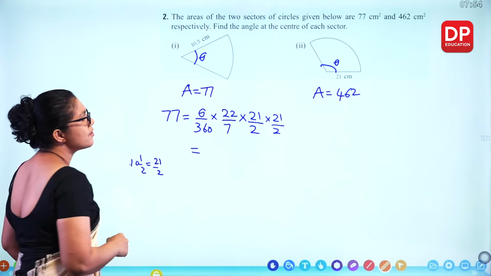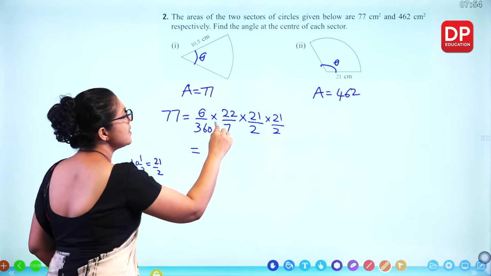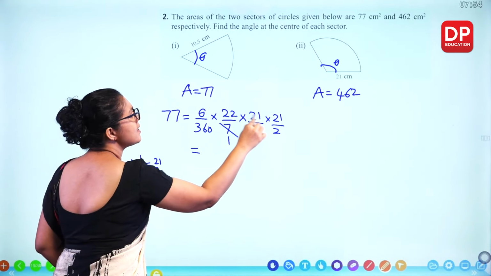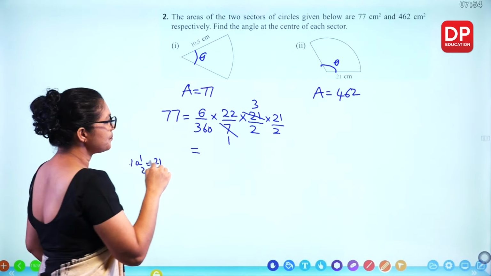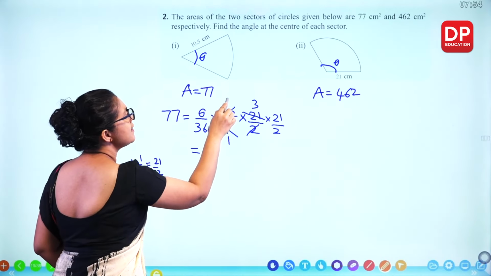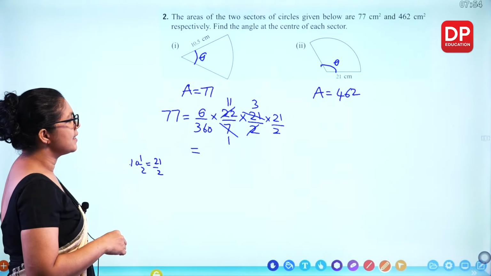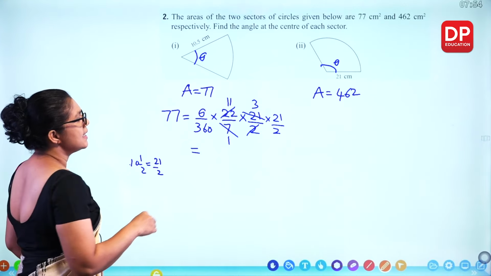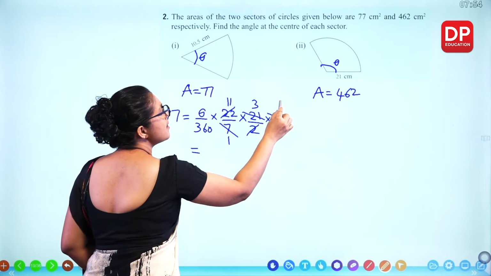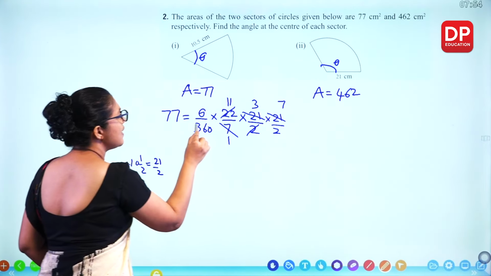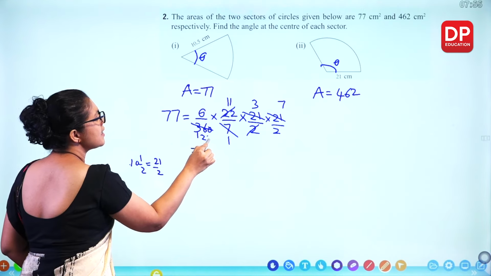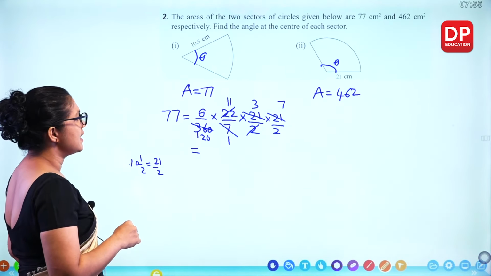Now, can you simplify? Here, I can see 7 with 1, 7 with 3. This 2 and this 22, you get 11. So what else? Here, this one divide by 3, you get 7. Divide by 3, you get 120.